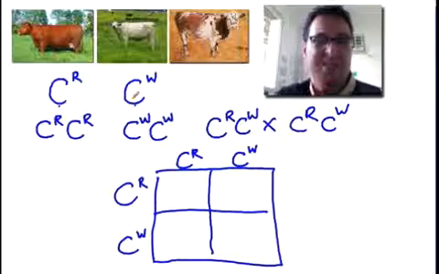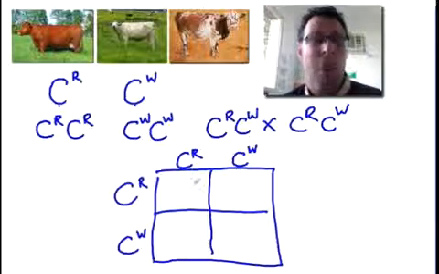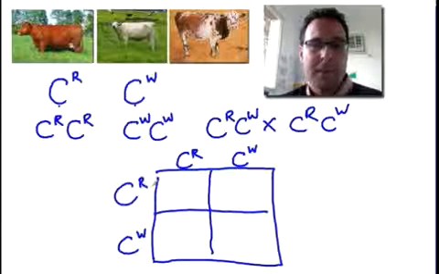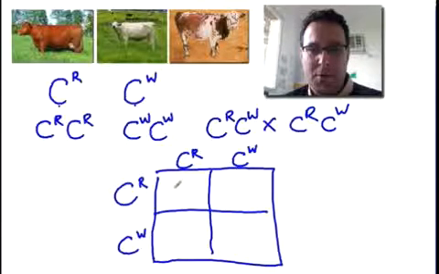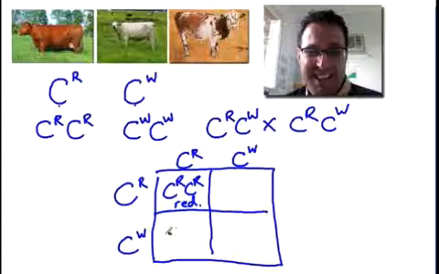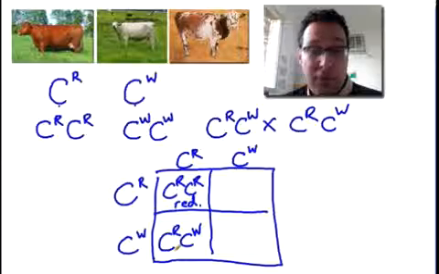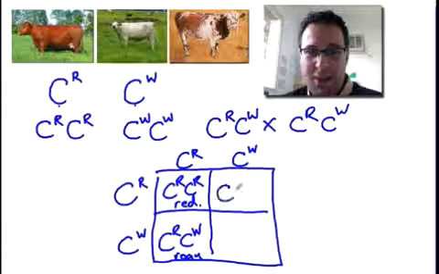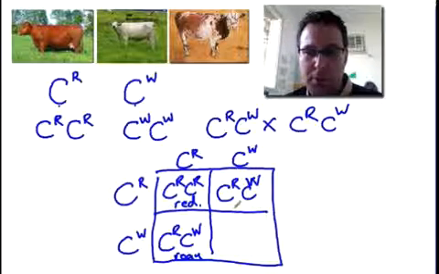And you might think, what's the difference? But again, thinking about it the right way makes all the difference when things get a little bit more complicated. So if this egg is fertilized by that sperm, we're going to end up with a zygote that's homozygous for red. This will be a red cattle. If this sperm fertilizes this egg, we're going to get a heterozygous offspring, and it will be roan in colour. If this sperm fertilizes this egg, we're going to again get a roan-coloured offspring.